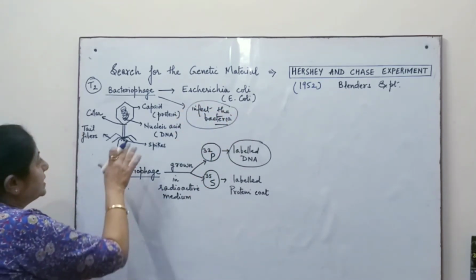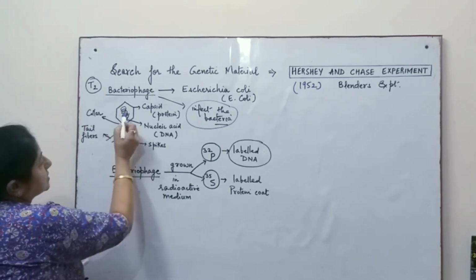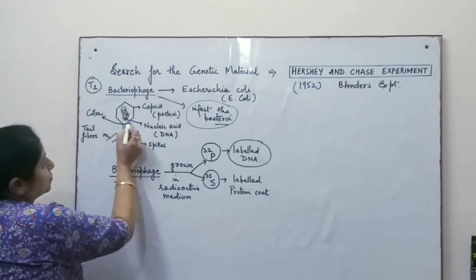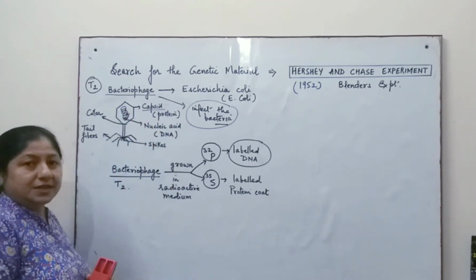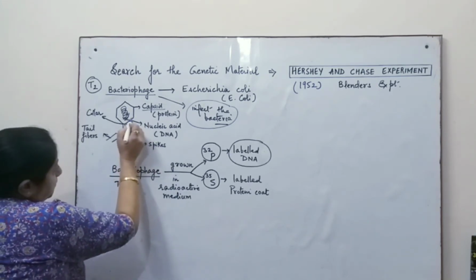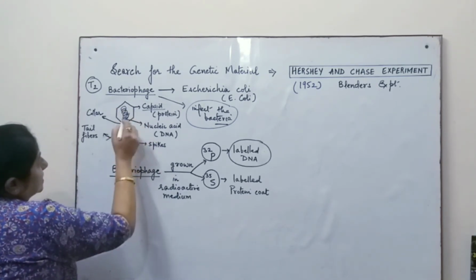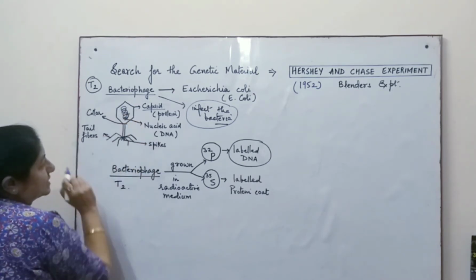Now, if we study the structure of a bacteriophage, it consists of a capsule known as the capsid, and this capsid is made up of protein. The capsid protects the genetic material present inside.